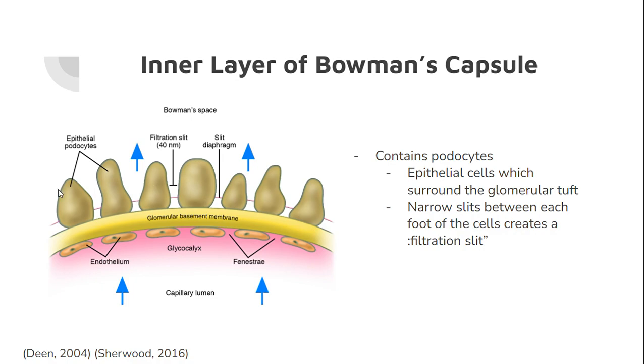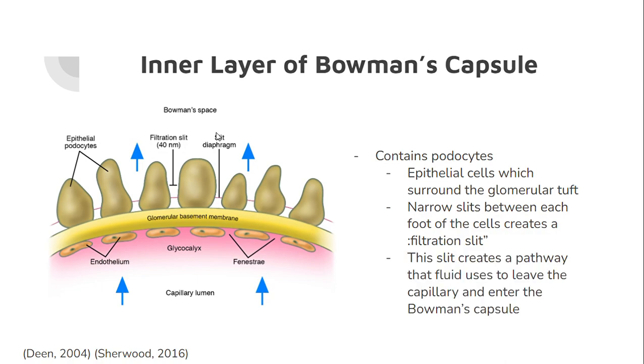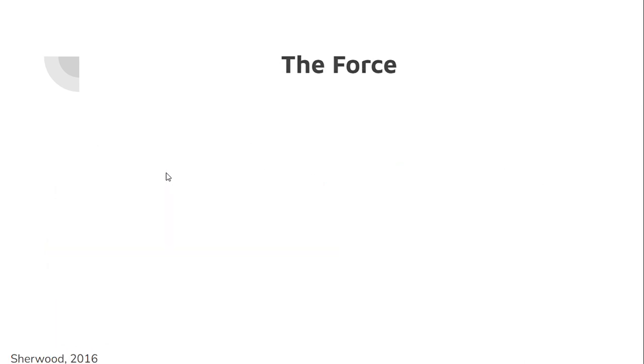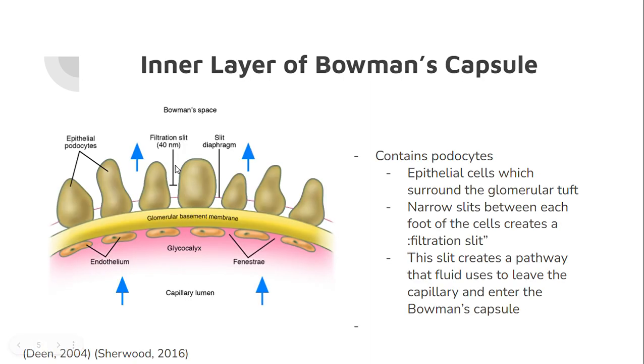Right, these little cells right here, these podocytes on the diagram, are not necessarily a great representation of how they would look in real life, because it's very difficult to really show how they are kind of hugging that glomerular tuft. But just rest assured that they are. And then this filtration slit right here is about 40 nanometers large. It actually creates a pathway that fluid can use to leave the capillary and finally enter into the promised land that is the Bowman's capsule.